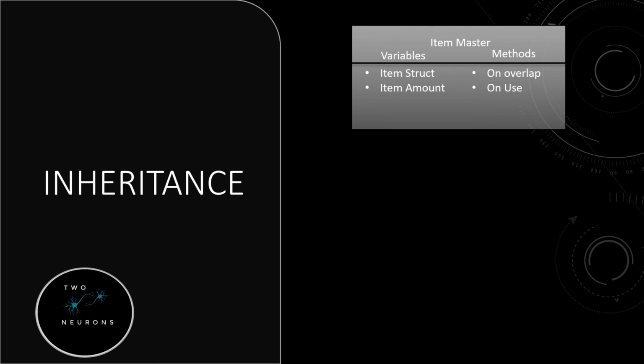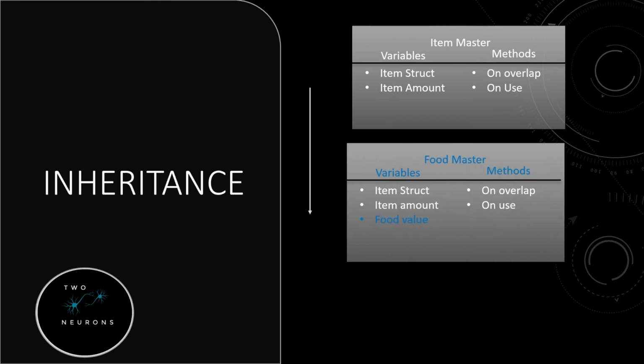So we then have a child. Now the child inherits from the parent. So item master is in white, food master is in blue. Food master inherits the item structure and the item amount from item master. It inherits the on overlap and on use. But we add a new value here, this food value.